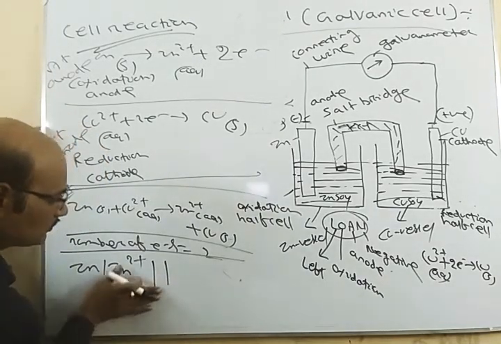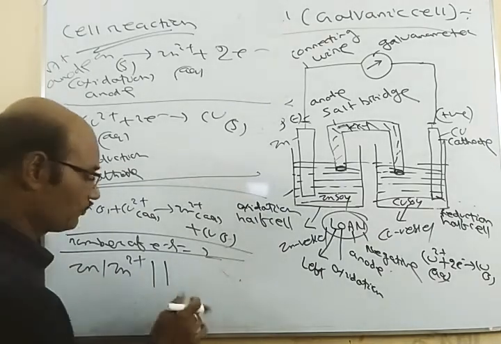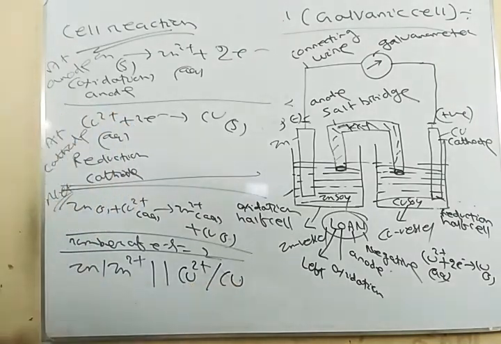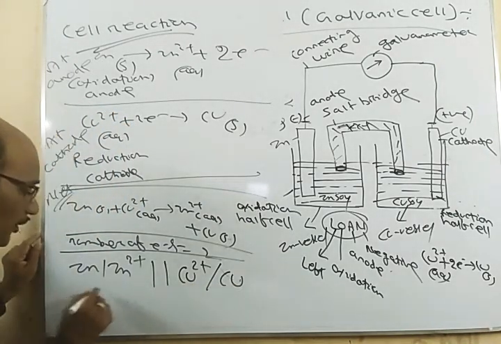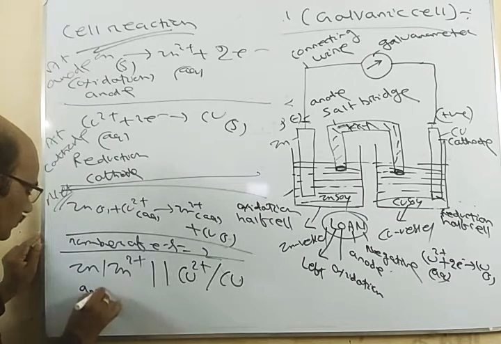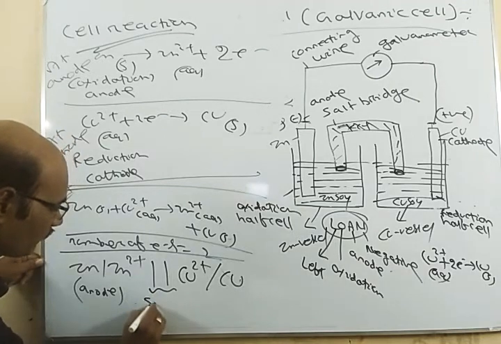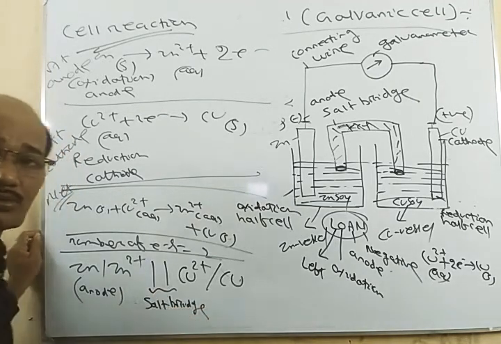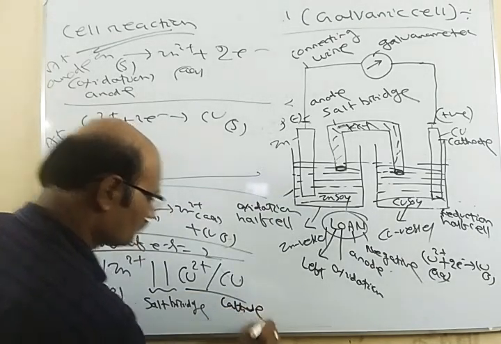Then the salt bridge, then the cathode, Cu2+ and Cu.